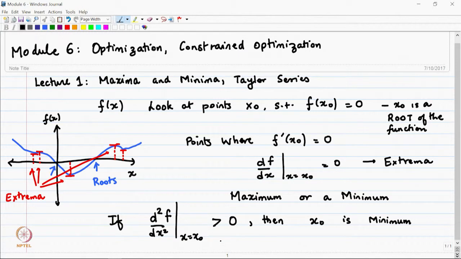Okay. And this is for an extremum. So, if you already have an extremum point, that is, the first derivative is 0, if the second derivative is greater than 0, then it is a minimum. If it is less than 0, then x 0 is a maximum.